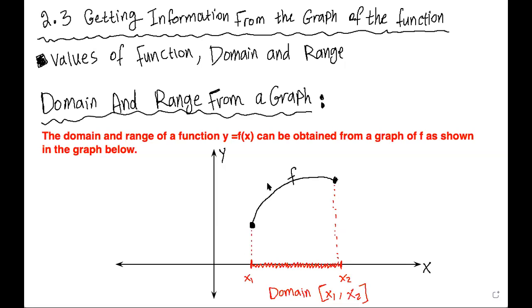And for the range, the same thing. I take all corresponding y values for all x values. So this is the corresponding value for the x value here. This is my y1, and this is my y2.